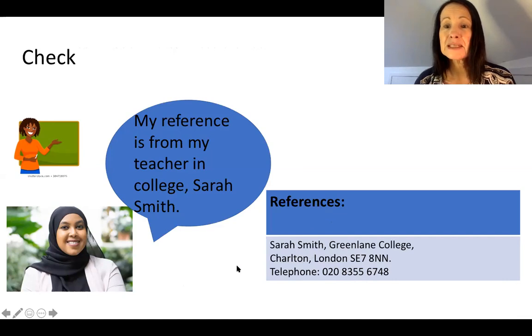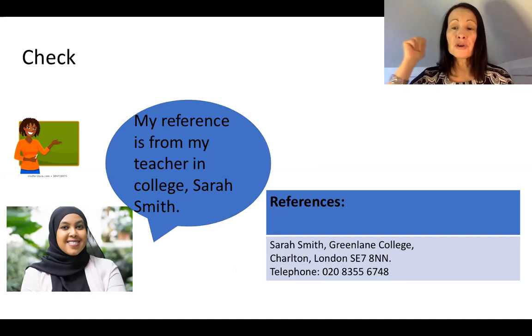So you will need to write on the application form somebody, perhaps your teacher from college or your employer from before, your old job. Ask them to give you a reference for your new job and write the details of their name, address and phone number on the application form.